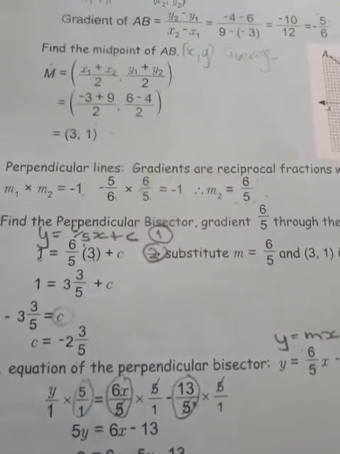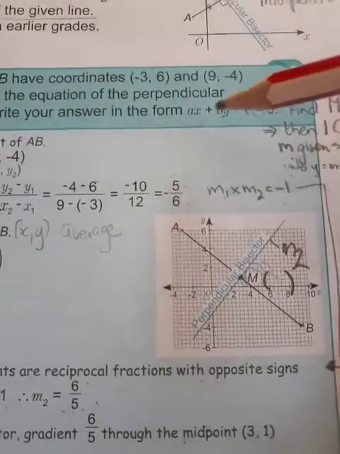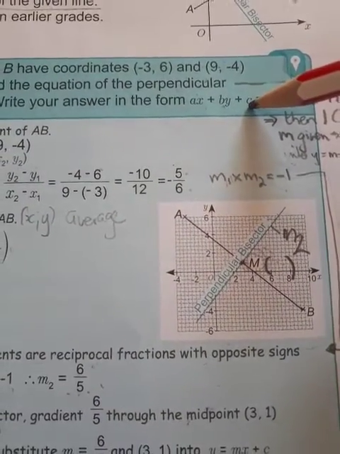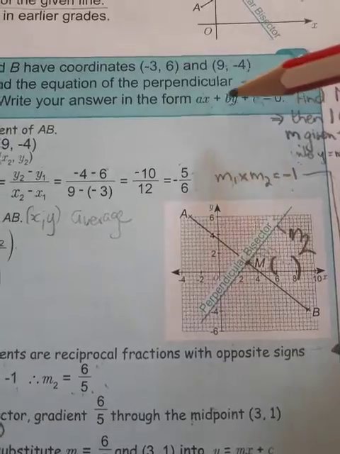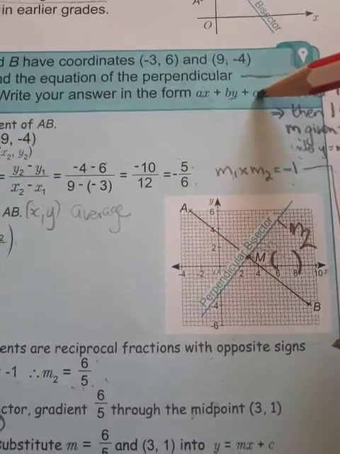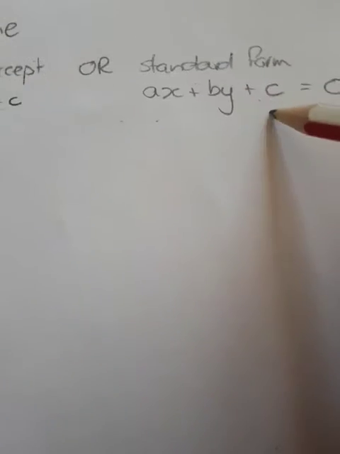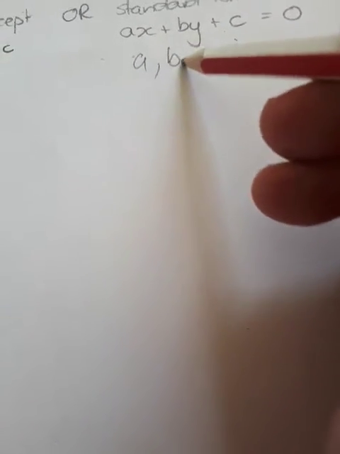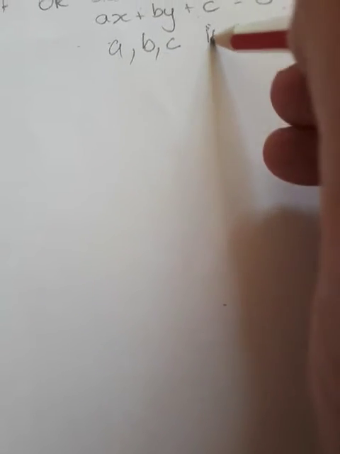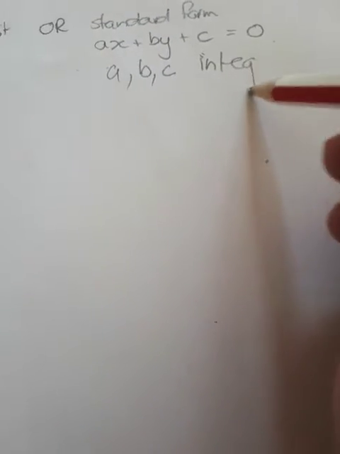Because this format ax plus by plus c may never have fractions, it must always be whole numbers. That you must remember. In the standard form, a and b and c must be integers. That you must just simply remember.